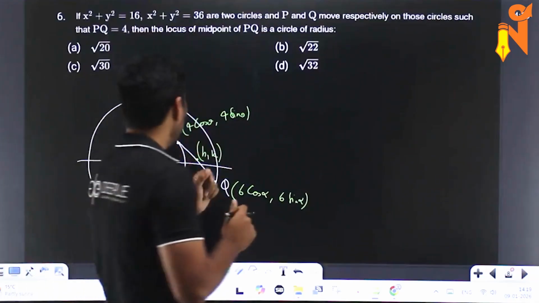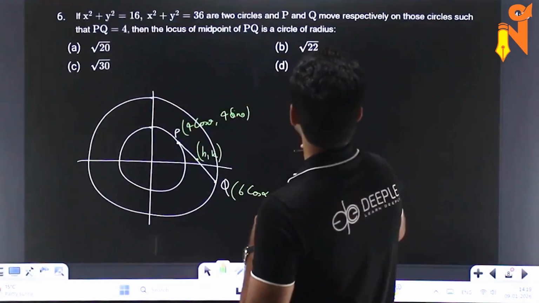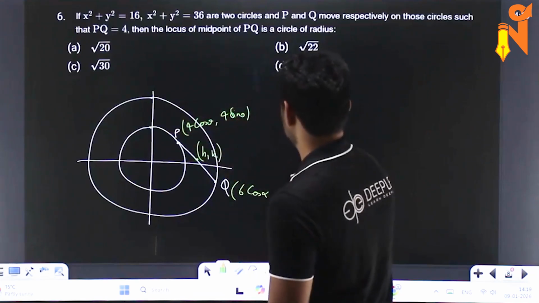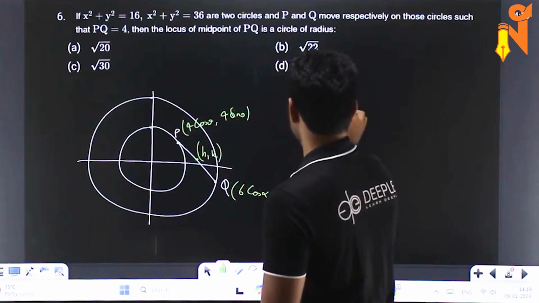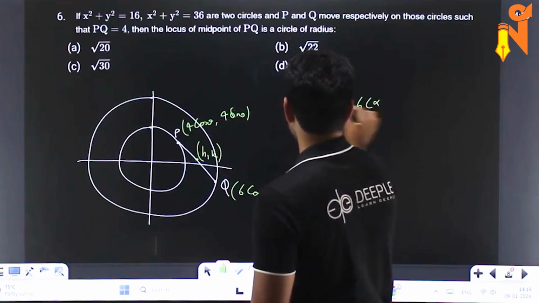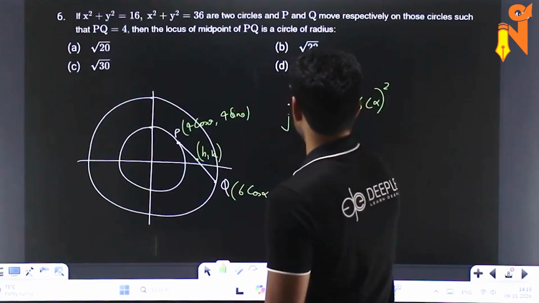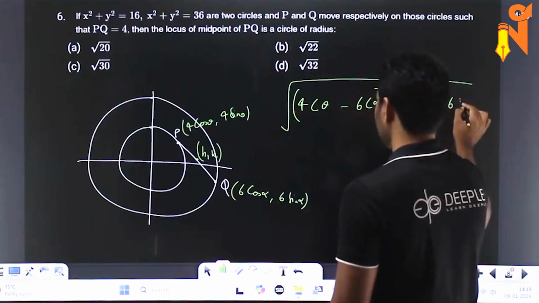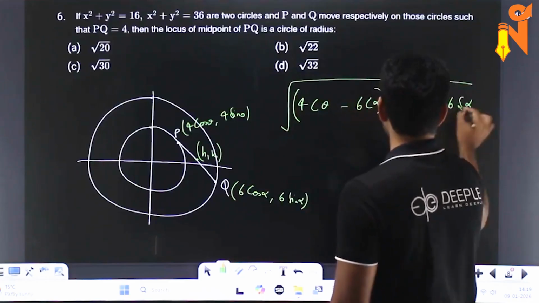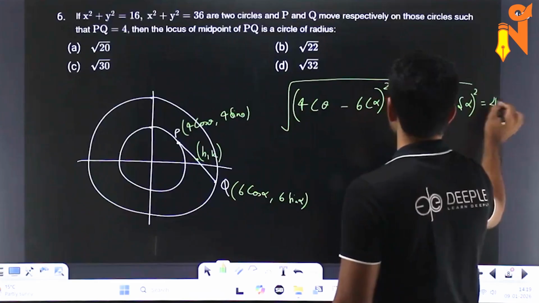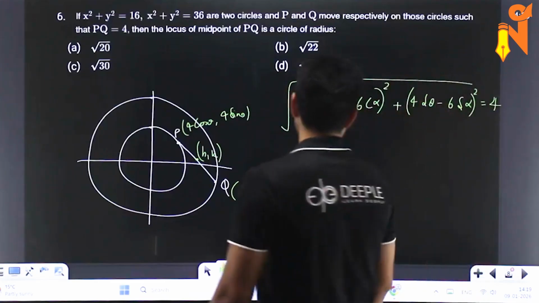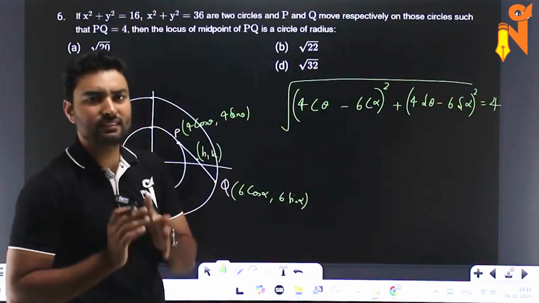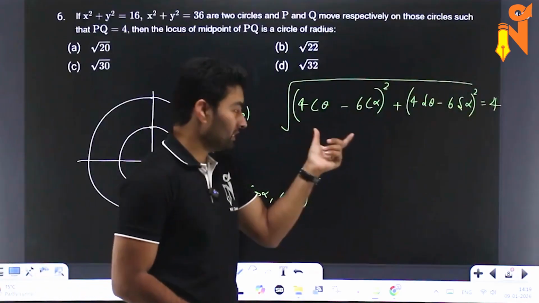Now, midpoint, is anything given? Yes, PQ is given. PQ means length PQ. So PQ is how much? Square root of (4 cos theta minus 6 cos alpha) whole square plus (4 sin theta minus 6 sin alpha) whole square, equal to how much? 4. Given? Nice. Don't write sin sin and cos cos, save your time. Now if you open this, don't open this.